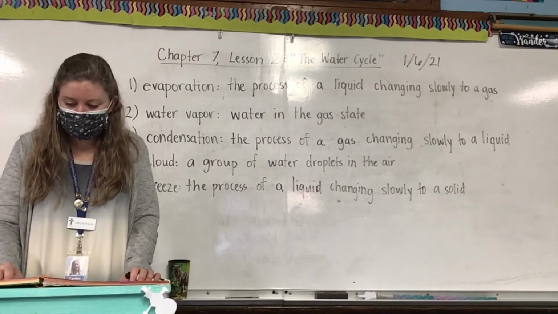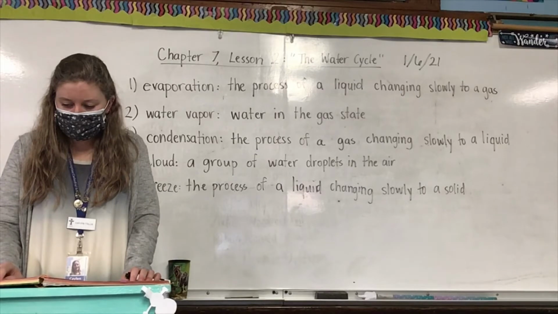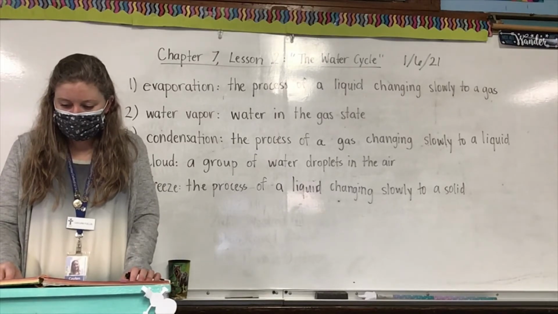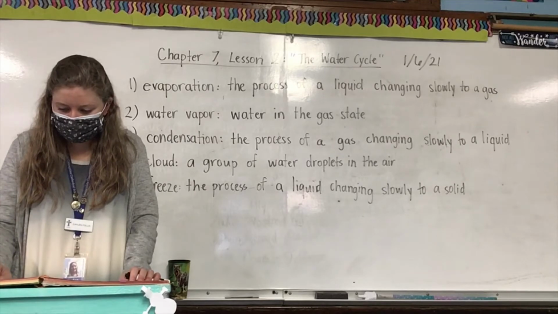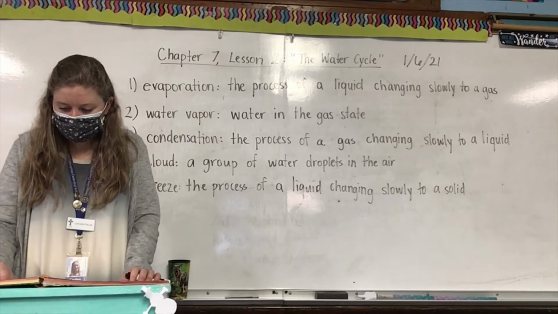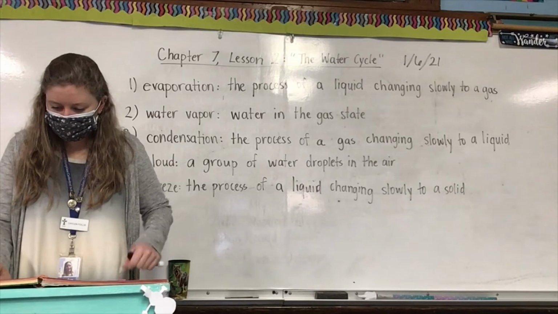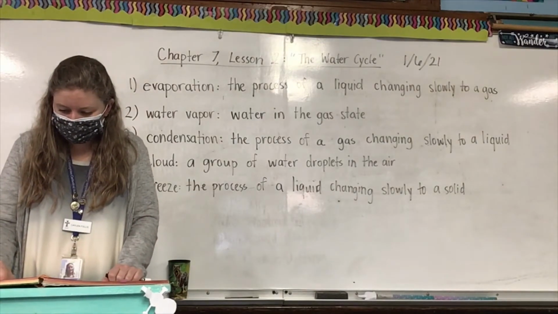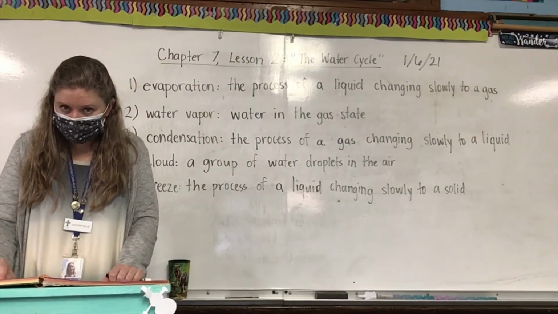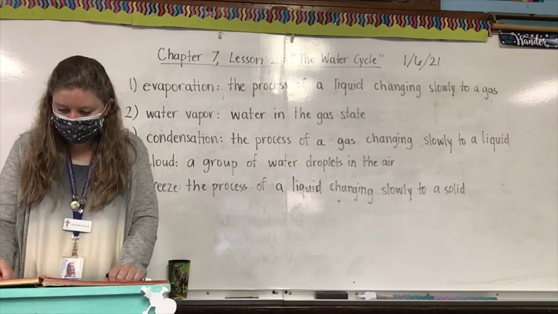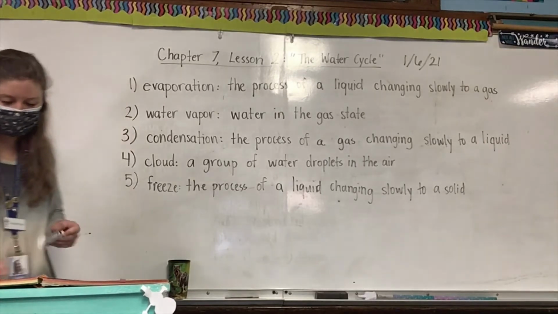Go ahead. The droplets and bits of ice grow larger and heavier. When they are too heavy, they fall to Earth's surface. Precipitation is the term of water that falls from clouds down to earth. Good.